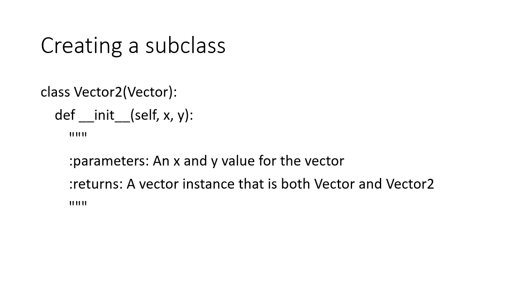What we're going to return in this case is a Vector instance. Again, it's not really returning because the constructor doesn't really return something, but it will create a Vector instance that is both a Vector and a Vector2. We can do this in one line. We can call the constructor for the superclass, and the superclass in this case is the Vector class. So we will call the constructor for the Vector class to create our Vector2.